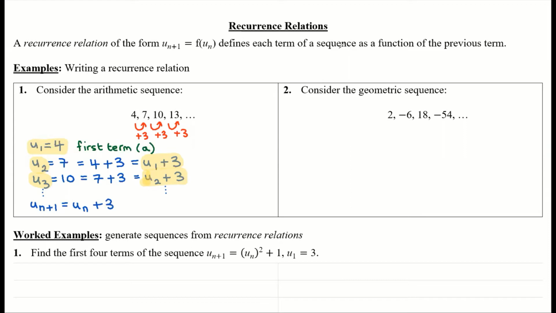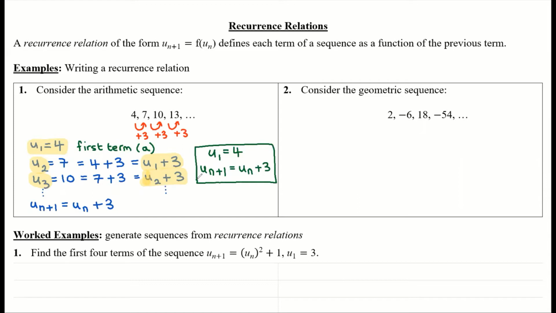We say the first term is 4, U1, and then to generate the rest of the terms, we use this rule. So this is our recurrence relation for this arithmetic sequence. And you can see that the first term and the common difference are still present. First term is 4 and the common difference is 3. So it still uses those key ingredients.